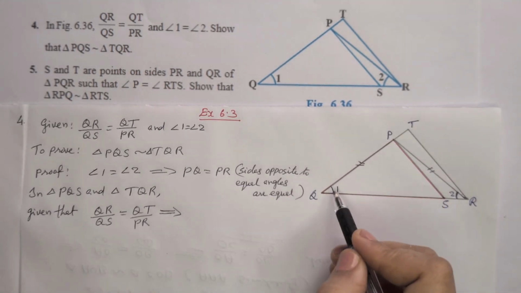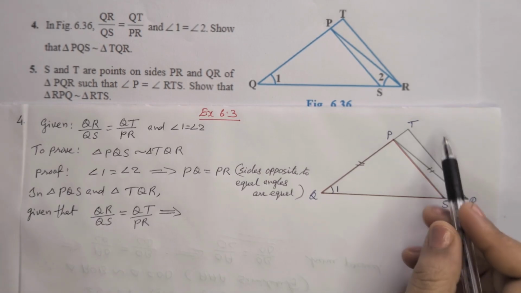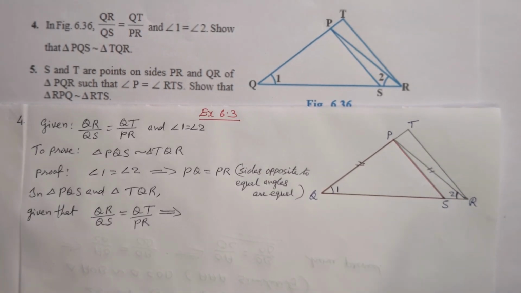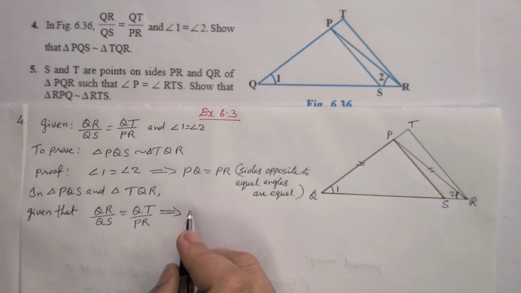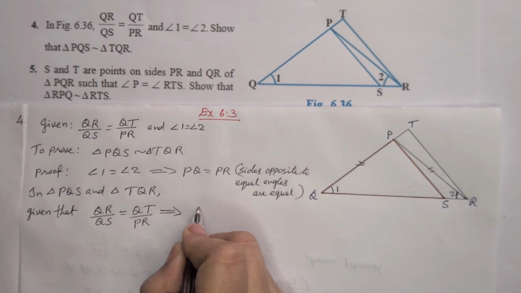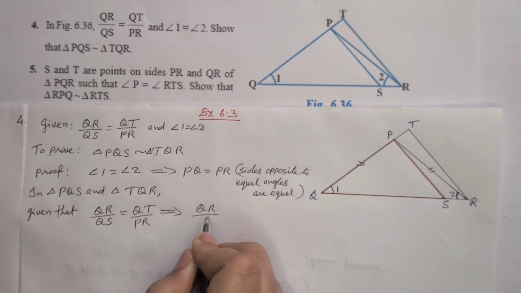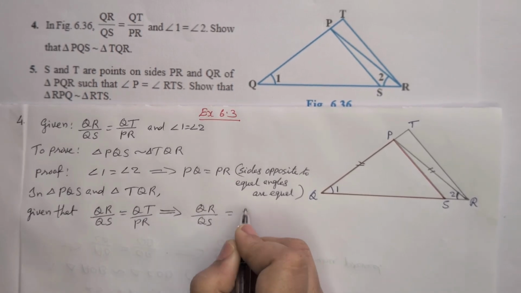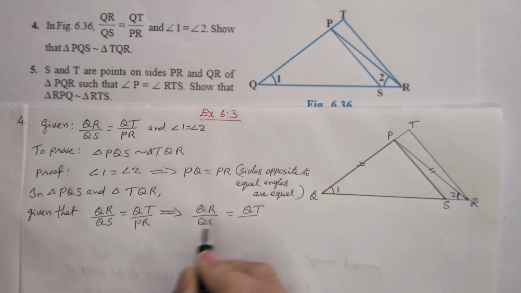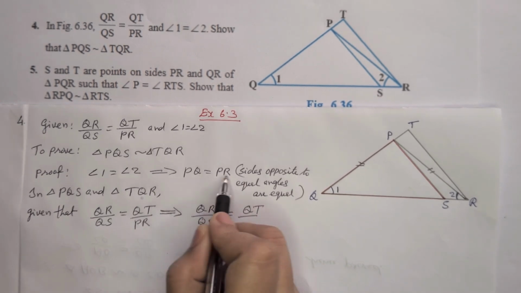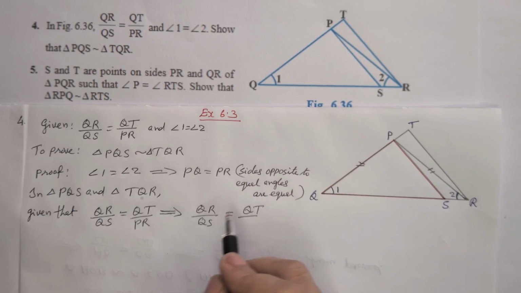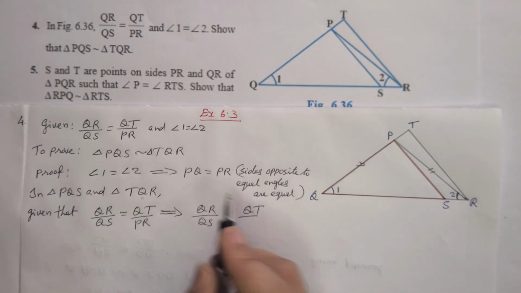Then in triangle PQS and TQR, which one we have to show? So consider these two triangles. Here it is given that QR by QS is equal to QT by PR, that we can rewrite as QR by QS is equal to QT by, in place of PR, we write PQ, since PR is equal to PQ, already proved. So replace PR with PQ.